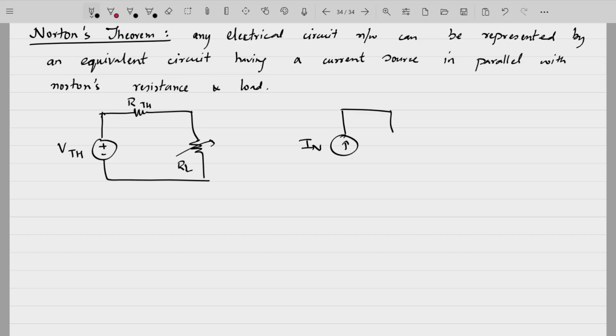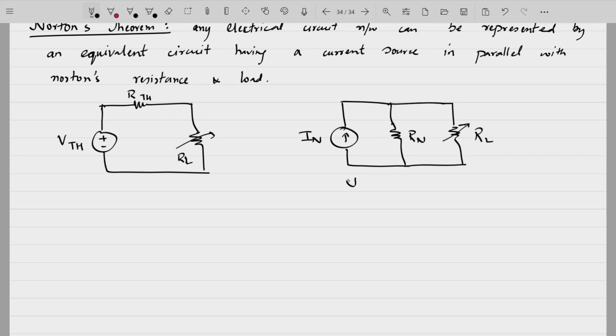You have the Norton's current in parallel with the Norton's resistance, and you have the load resistance at your usual point. Fine. So this is your Norton's equivalent circuit now. Just like Thevenin's equivalent circuit, Norton's equivalent circuit will find the same use. You can replace any circuit by a Norton's equivalent circuit.